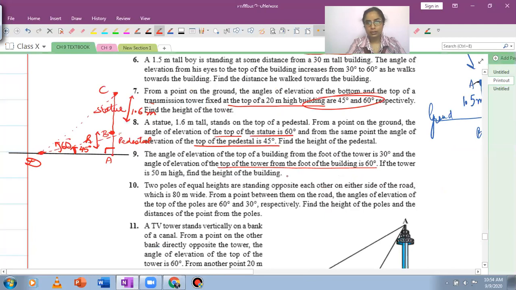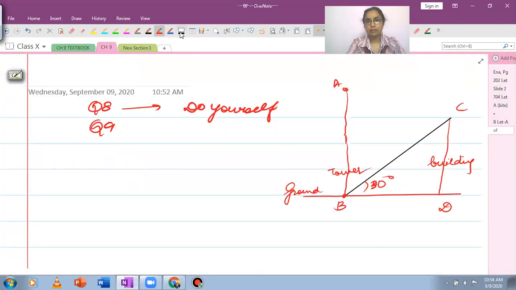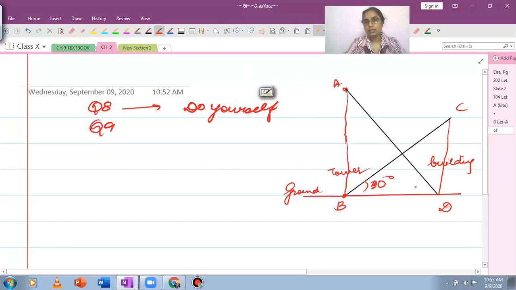And then the second time we have the point of observation at the bottom of the building, and from here the top of the tower is observed. The angle formed is 60 degrees. You need to find out how high the building is if the tower is 50 meters tall.